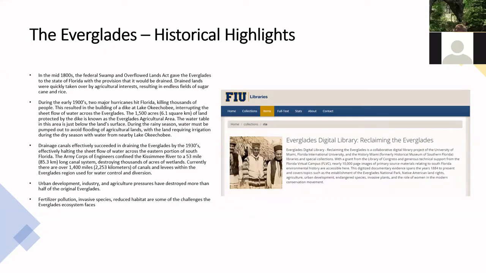Urban development, industry, and agriculture pressures have destroyed more than half of the original Everglades. Fertilizer pollution, invasive species, and reduced habitat are some of the challenges the Everglades ecosystem faces.